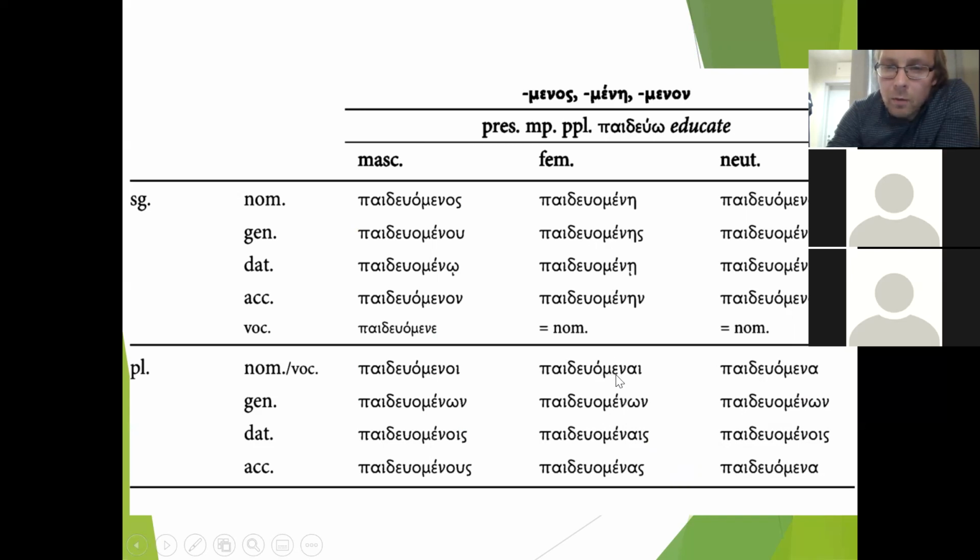What is omen actually, if you count this thematic vowel here, which falls between the ending and the stem. So this men part is the same in all of these forms. Then it's just this ending here, the last letter or the last two letters, which changes depending on case, number and gender.